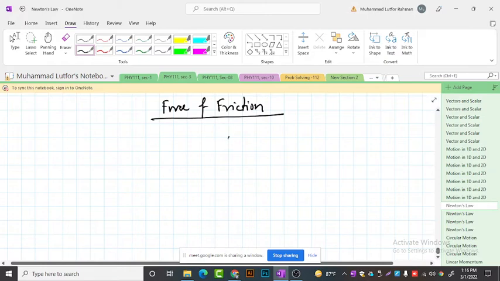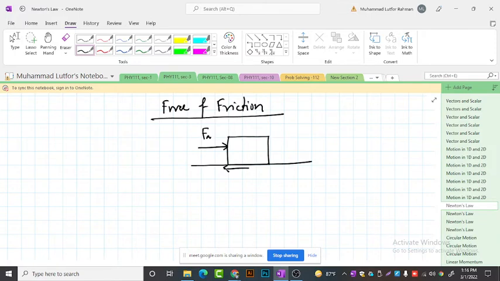Say, when you keep a block on a surface, if you apply some force in that direction, this is your applied force, then this surface will provide a force in the opposite direction. That arises at the surface boundary between these two objects. And how does this frictional force arise?